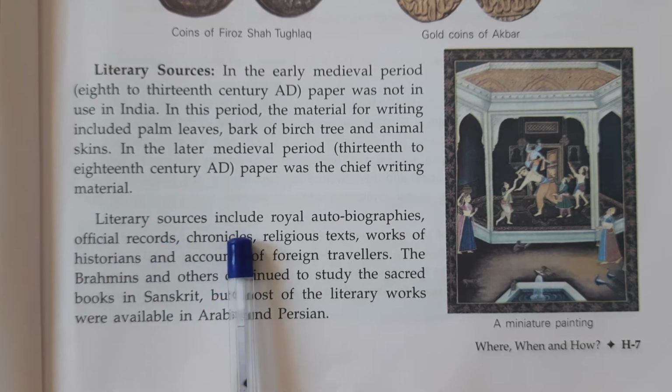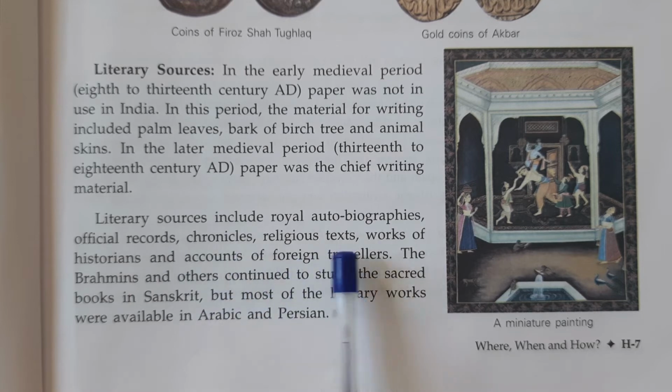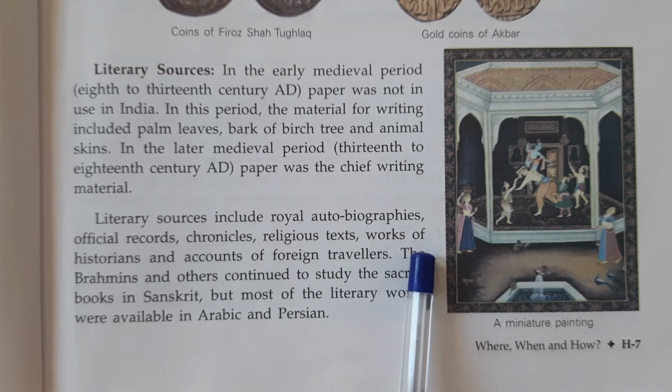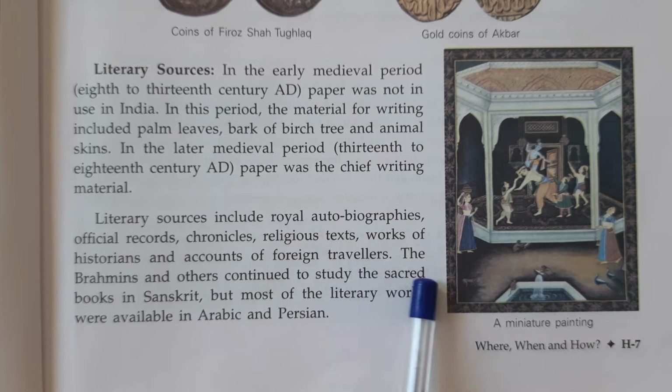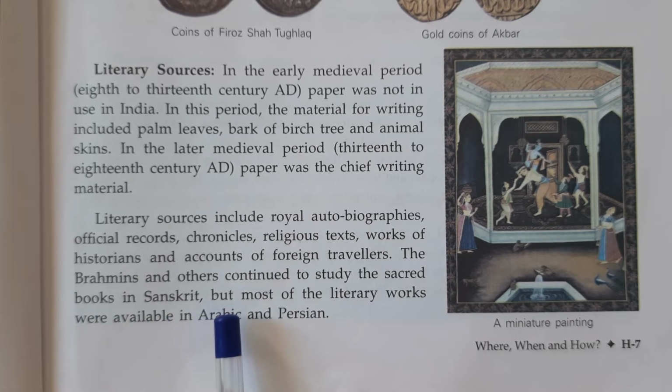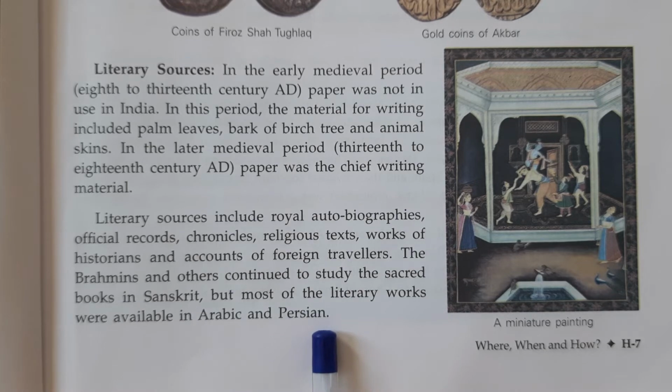Literary sources include royal autobiographies, official records, chronicles, religious texts, works of historians, and the accounts of foreign travelers. The Brahmins and others continued to study the sacred books in Sanskrit, but most of the literary works were available in Arabic and Persian.